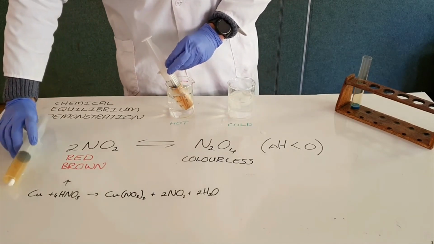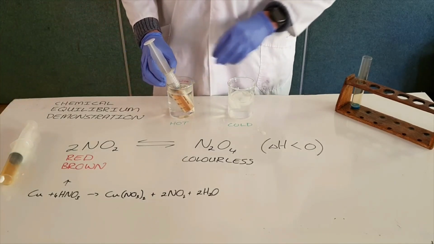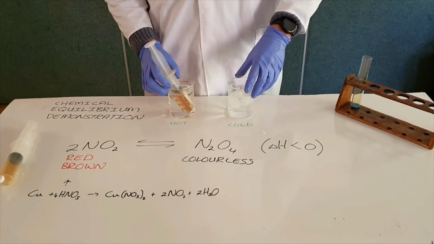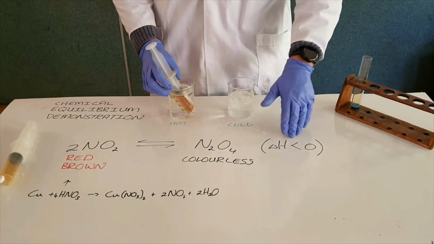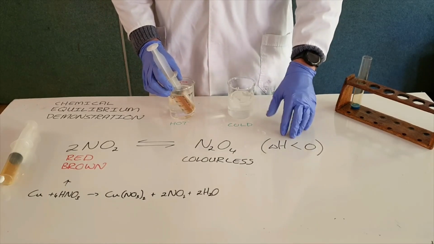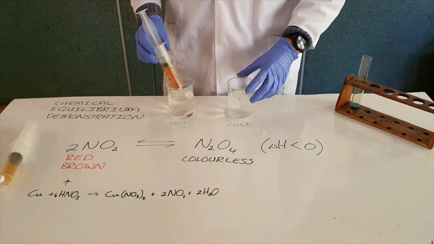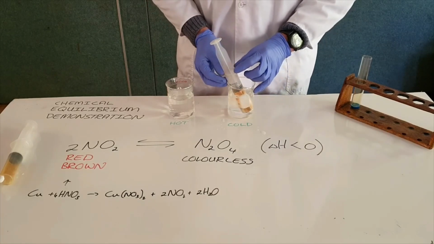Now this can also be reversed by adding it now to a cold water bath, because we know that a cold water bath is going to remove heat from the system and therefore force the reaction to counter by favoring the forward direction, the exothermic direction that adds heat. And so we would expect this gas to go a lighter shade of red-brown.